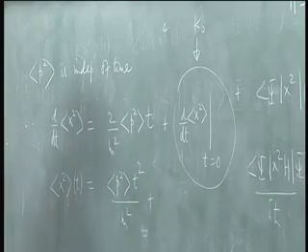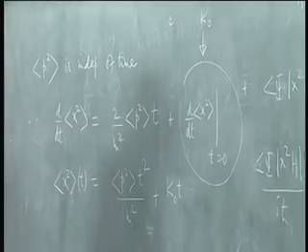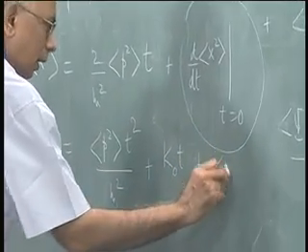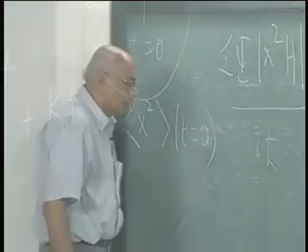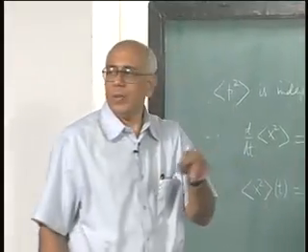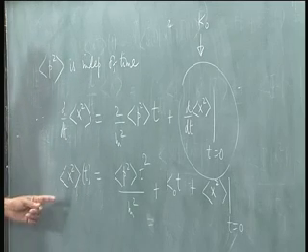It is a number, it is some constant, plus k0 t plus x squared at t equal to 0. Now notice that for a free particle classically, if it is moving at constant speed, its position as a function of time is linear in time, and the square of its position is a quadratic function of time, and in general is of the form at squared plus bt plus c. You are almost there, except these are for expectation values.